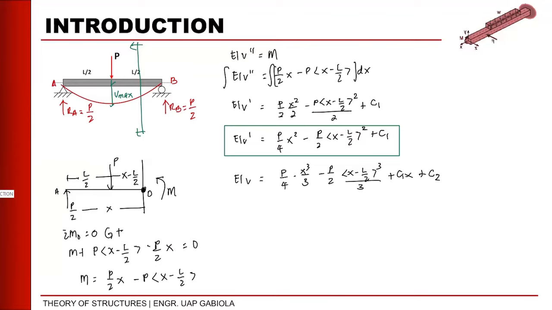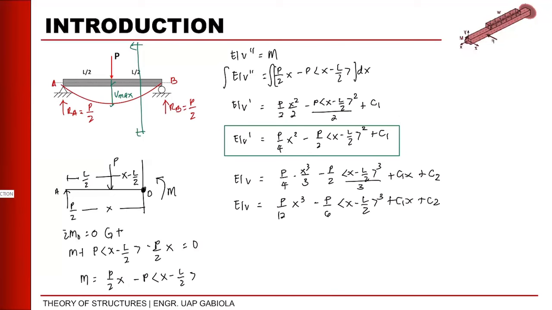Okay? Then simplify natin, we will have an equation EIV is equals to P over 12 x cube minus P over 6 x minus L over 2 cube plus C1x plus C2.